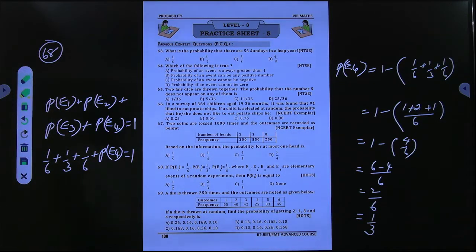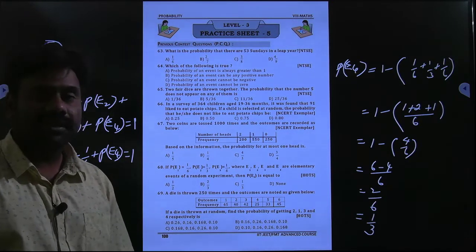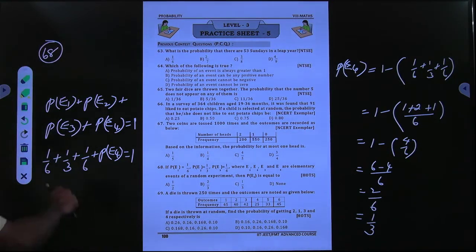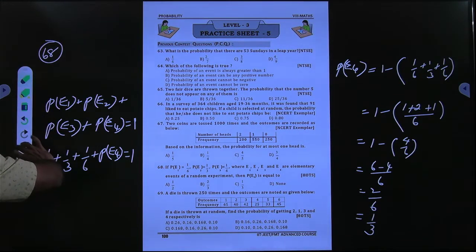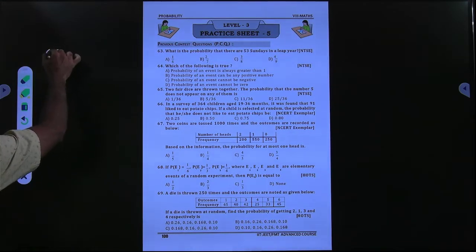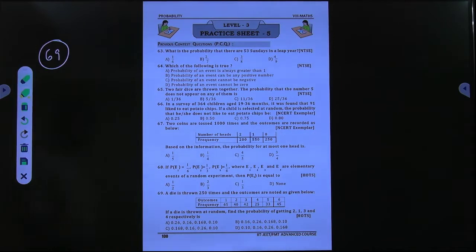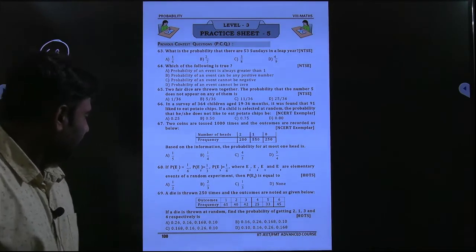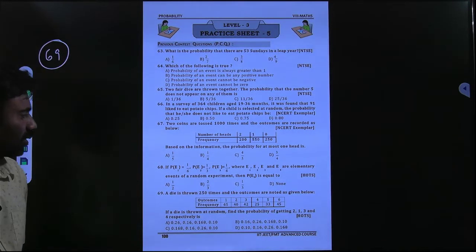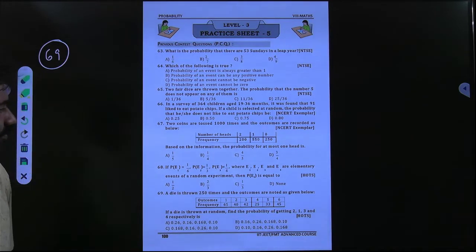Okay students, we are going to find the solution for the last question, question number 69. A die is thrown 250 times and the outcomes are noted as given below.